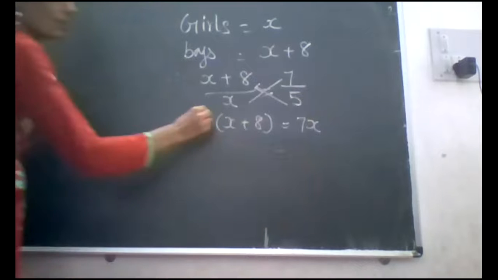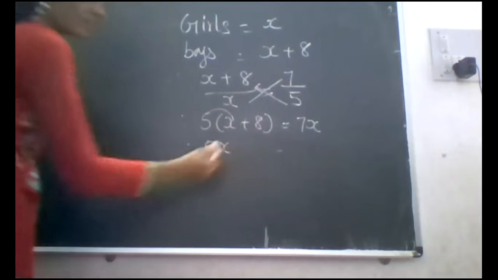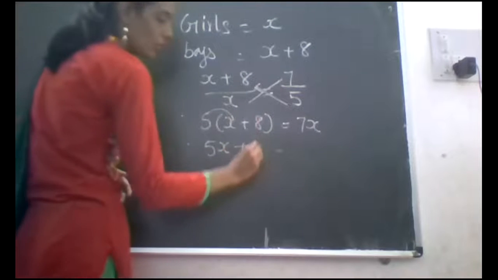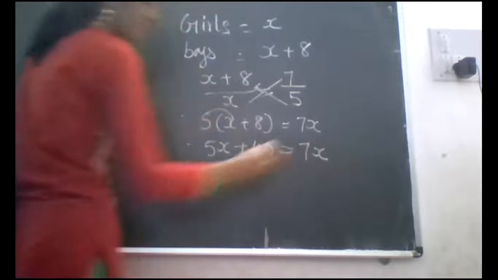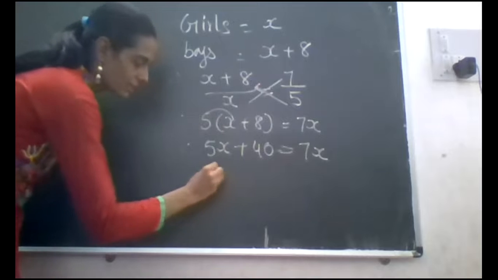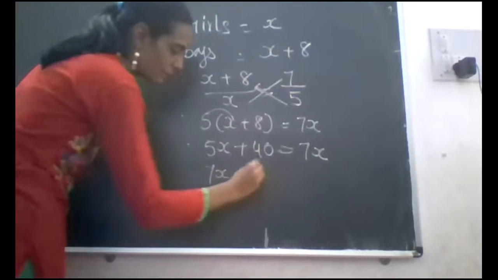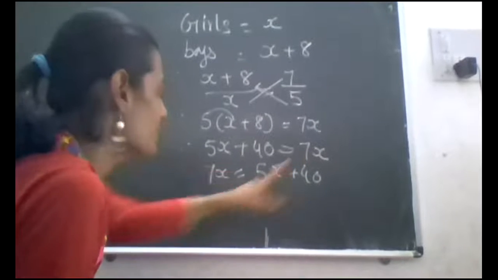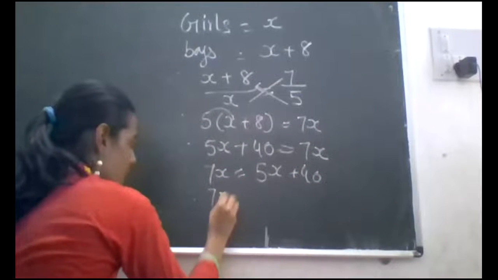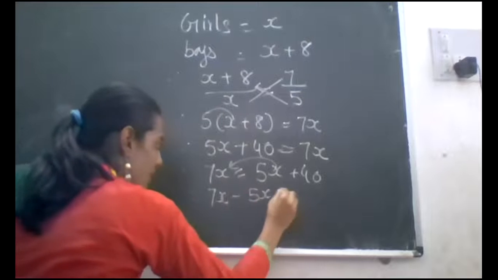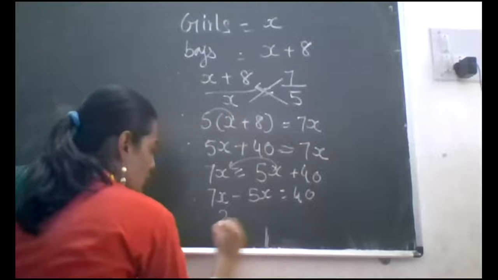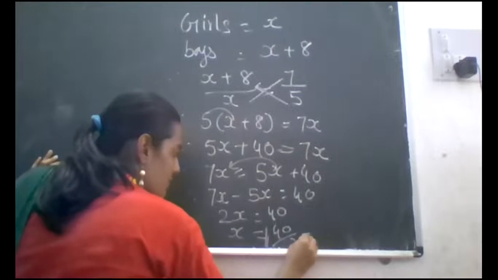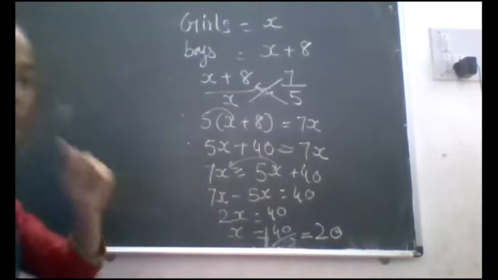Now 5 into x becomes 5x, and 5 times 8 is 40. 7x comes to the left side, changing the sign, so it becomes minus 5x is equal to 40. X is equal to 40 upon 2, equal to 20.